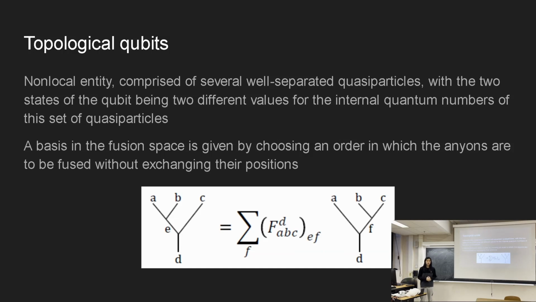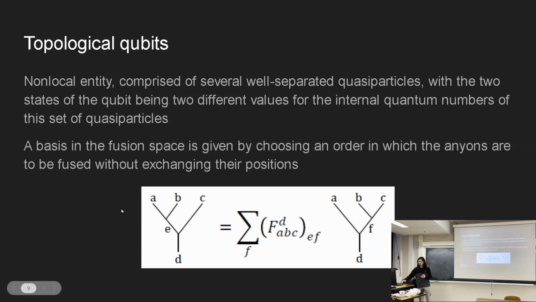So how do we use this to actually encode a qubit? A qubit in topological quantum computing is a non-local entity. It's not like a particle. It's a way that you fuse anyons to get some outcome. You can think of a qubit as a tree of possible fusions.